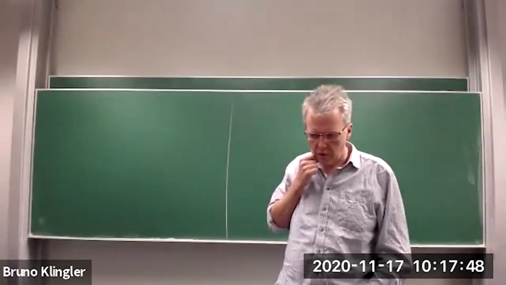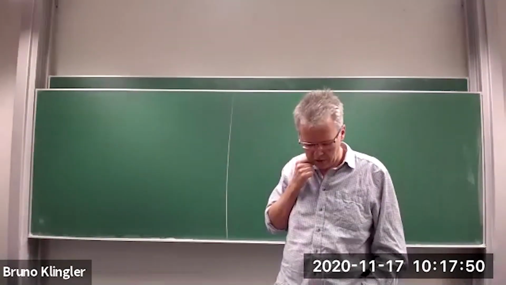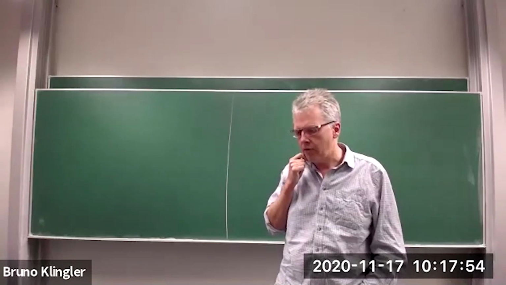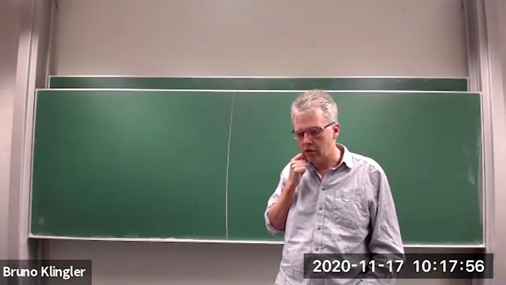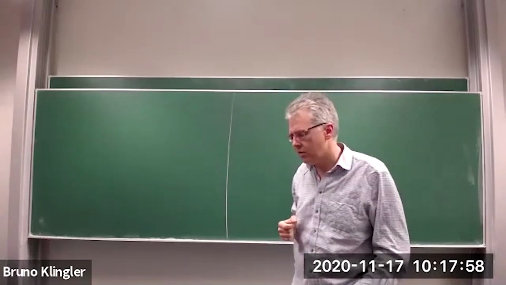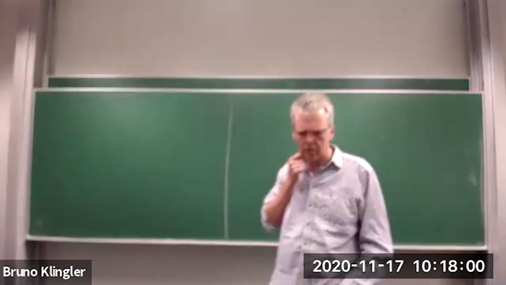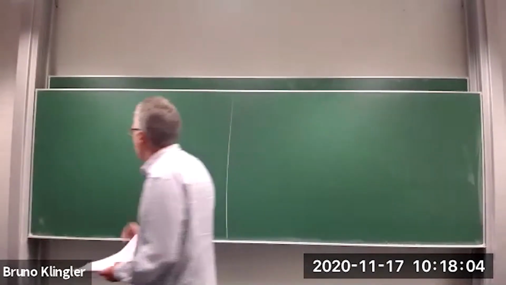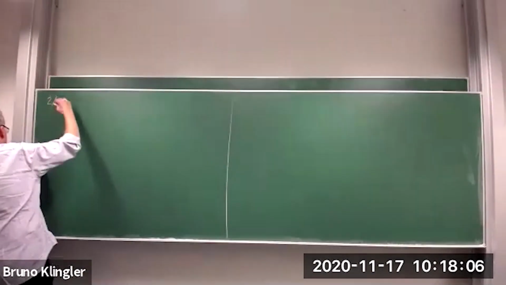I won't have time to say anything about this. So for people interested in this functional transcendence business and atypical intersection, I refer to my last mini course at IHES last spring. Anyway, so today I talk about applications to Hodge theory.